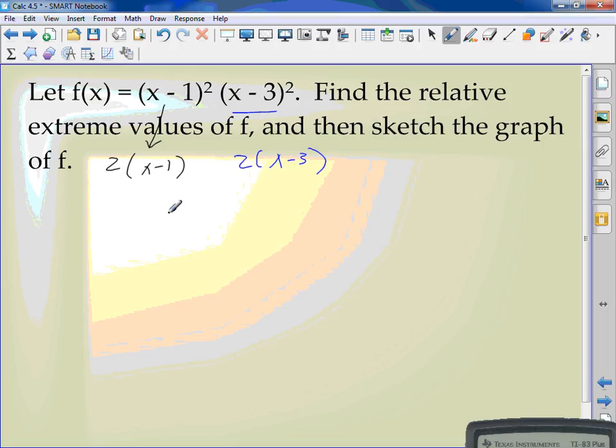Now the product rule. F prime of x is going to be the derivative of the first one times the normal second one, plus the derivative of the second one, well, I write it so the derivative is out front.